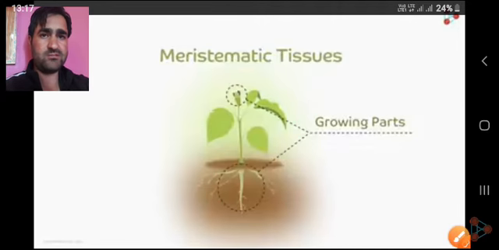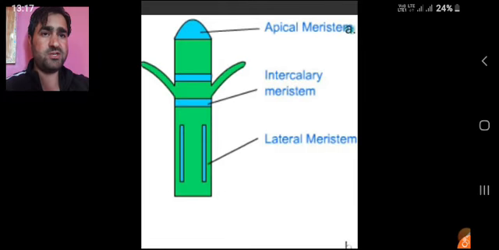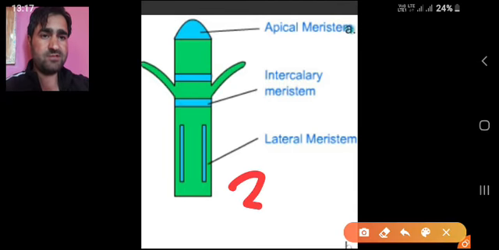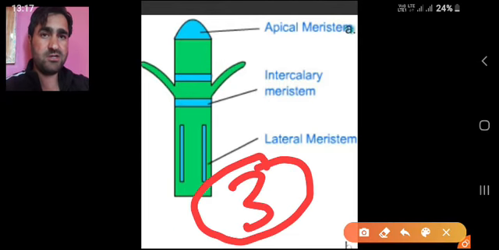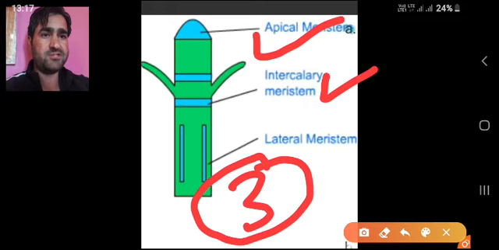On the basis of location of meristematic cells or the meristematic tissue in a plant body, we have three types of meristem: apical meristem, intercalary meristem, and lateral meristem.